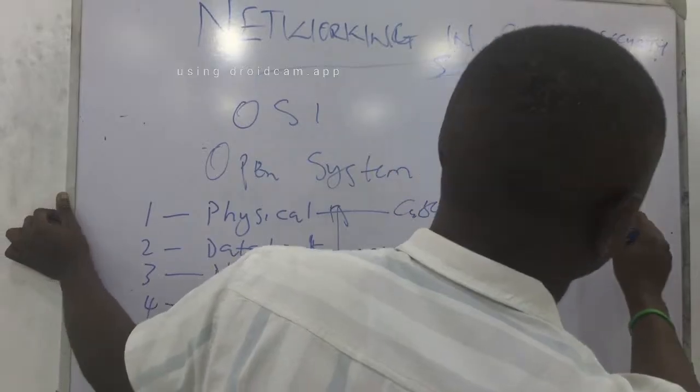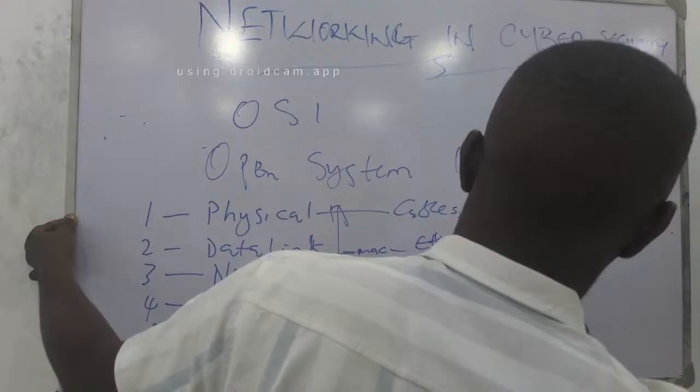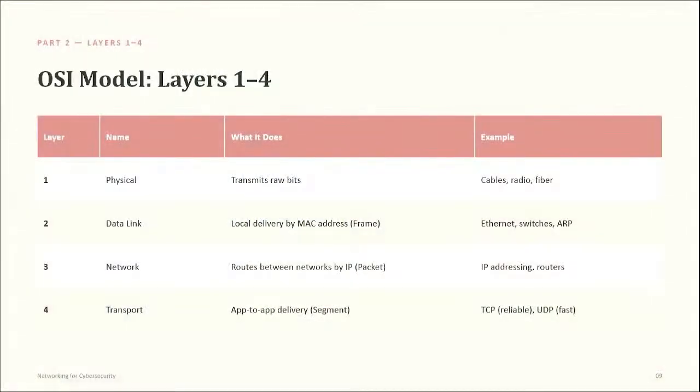It routes traffic between networks by IP. So on the network layer, that's where the IP comes in, routing information from one device to another device within the network. Is it clear? All right. Then it says IP addressing and routers. So 3 is the router.